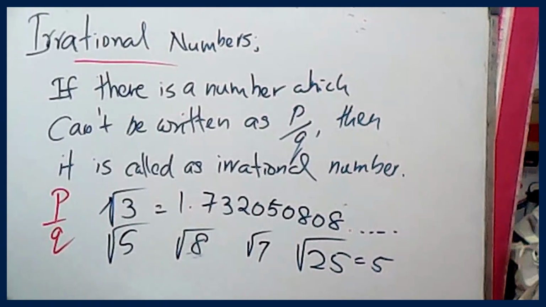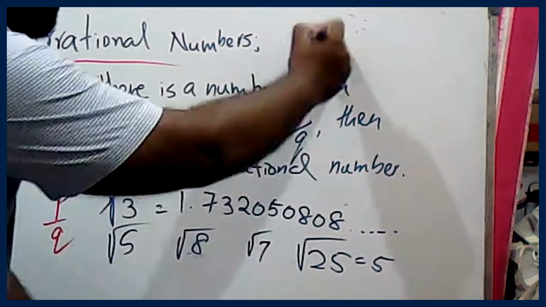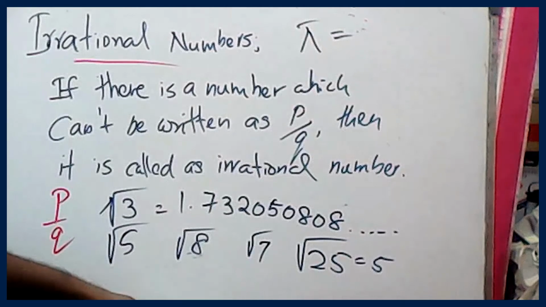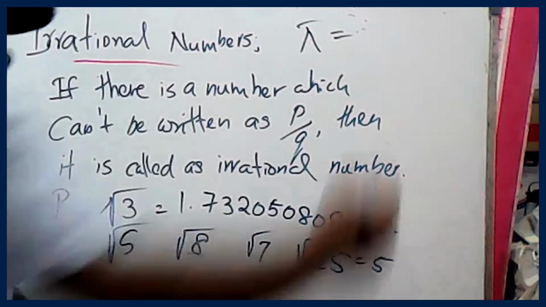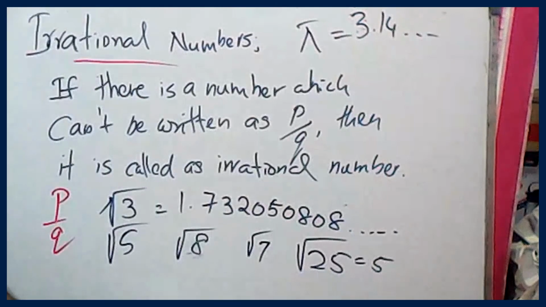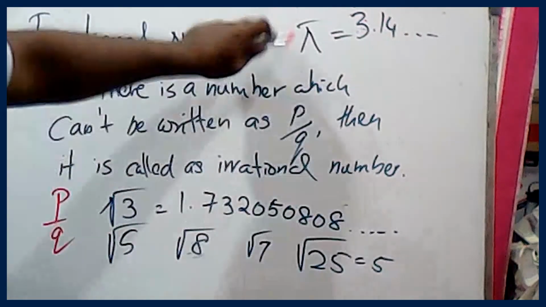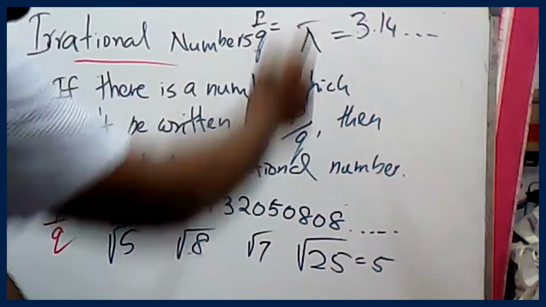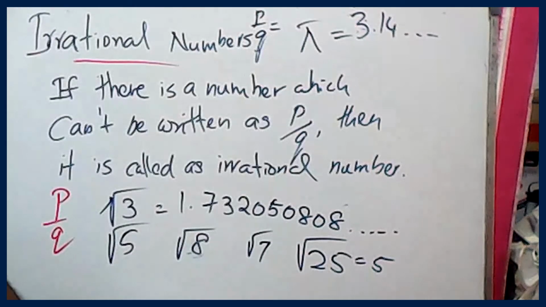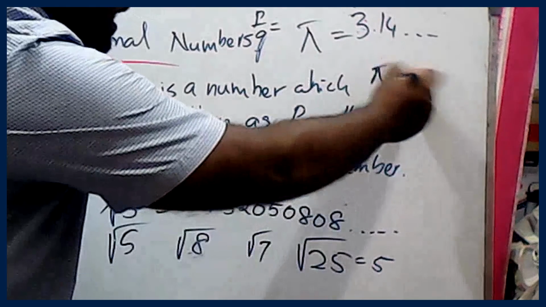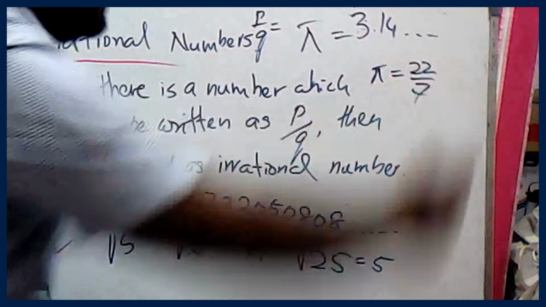Another example is pi. What is the value of this? This value is 3.14 something. And you can't write pi as P over Q. We approximate pi as 22 over 7.